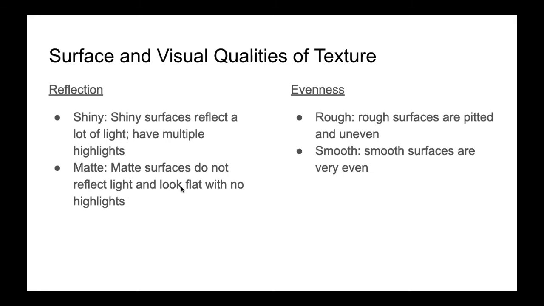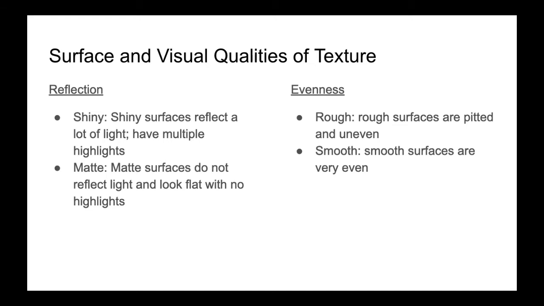Whereas matte surfaces do not bounce light back, so they look very flat, maybe a little bit dull. So some plastics are designed to be matte. A lot of paper is matte. And you'll notice a matte surface because it really doesn't have a lot of highlights or reflections on it.